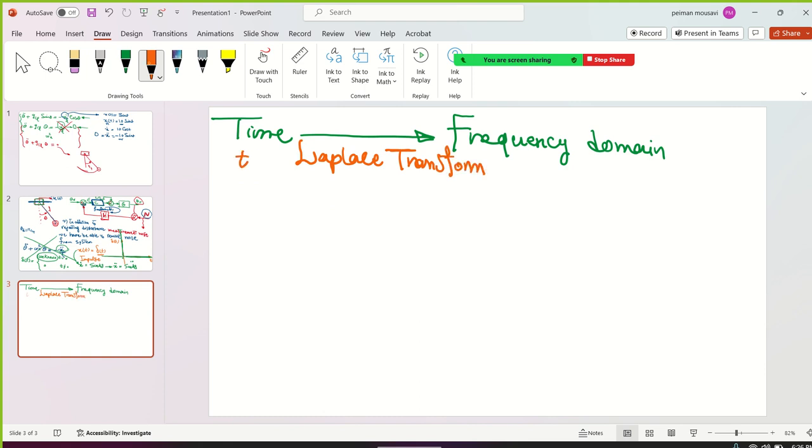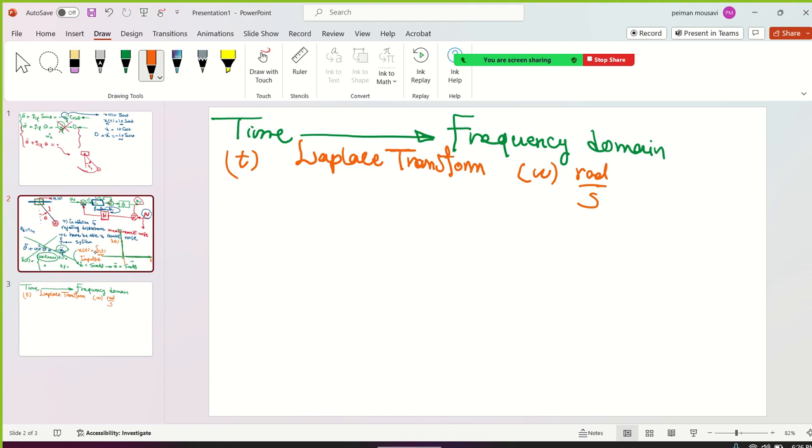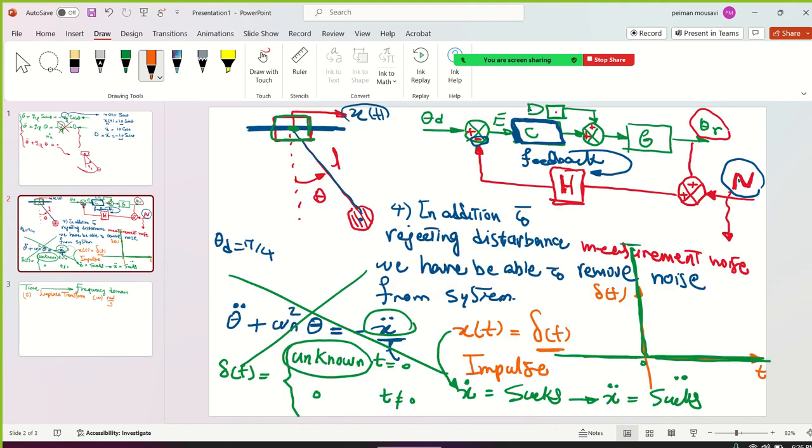We are leaving time for frequency omega, in radians per second, because we cannot solve a simple differential equation by impulse. Or later I'm going to show today by step. Or later I'm going to show you by ramp.